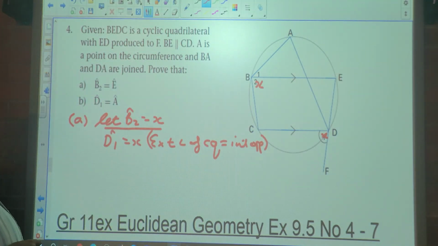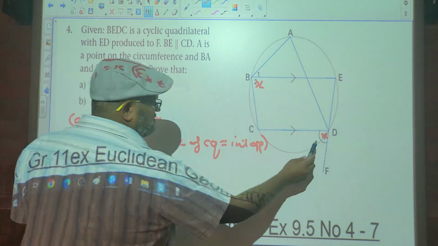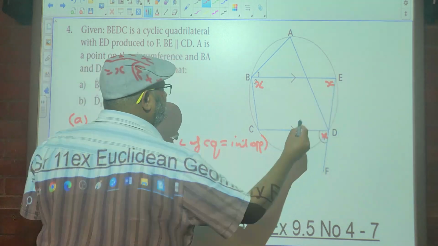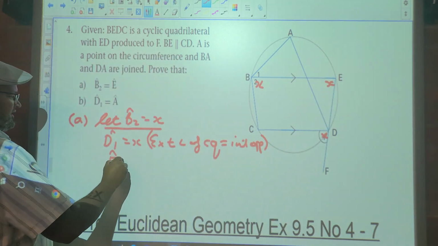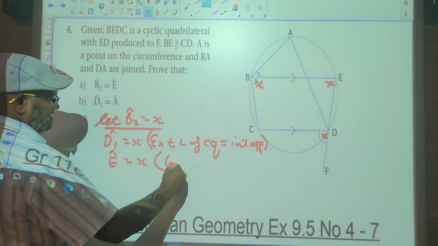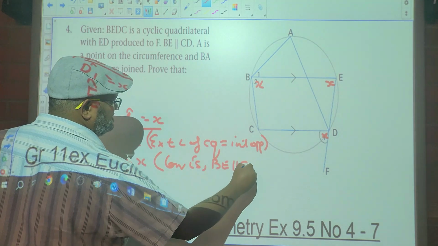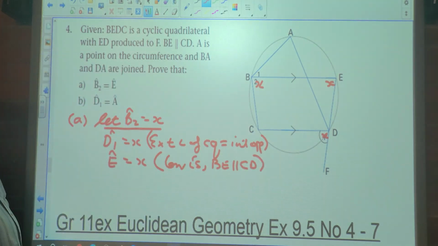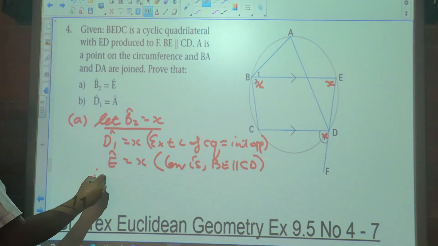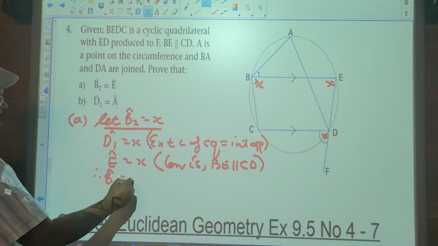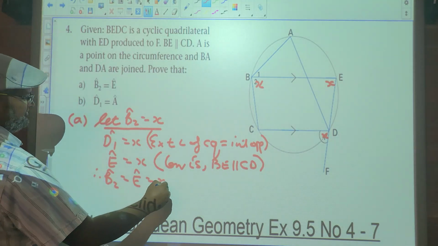Now which angle is equal to X? Angle E is equal to X. Corresponding angles with BF being parallel to CD. Therefore B2 is equal to angle E, which is equal to X.